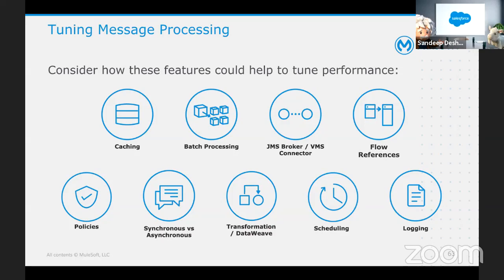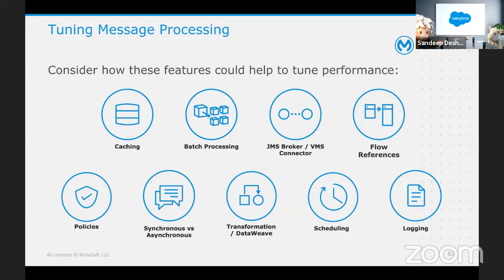Then we have a VM queue, which is an in-memory queue that you can leverage to process the records in order or not. Then again, we have flow references, policies, synchronous and asynchronous flows that you can leverage. And then we have transformation. DataWeave is usually faster compared to Java or Groovy. That's what we have found.